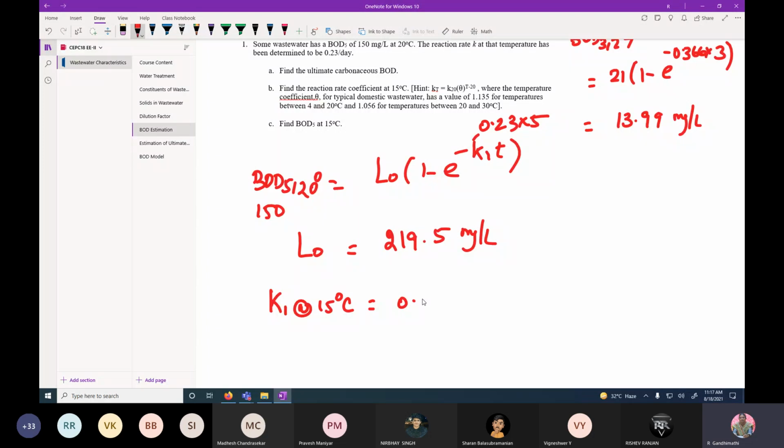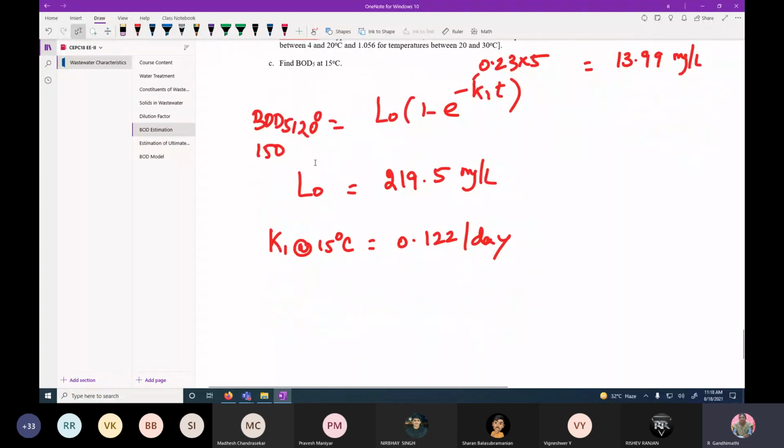If the temperature is less than 20 and greater than 4, you have to use the factor as 1.135. Vigneshwar? Yes, ma'am. 0.122 per day. Okay. Then calculate the BOD 5,15.